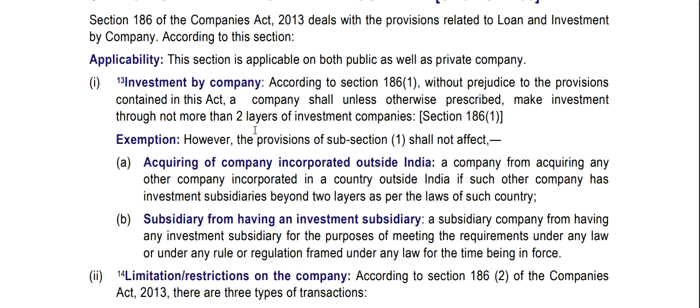Layers, what is a layer? For example, A company is a holding company and B is a subsidiary company, and the investment to B is one layer. Investment by the holding company to the subsidiary will be the one layer. And company B does not do any other operation than diverting the money to another channel.